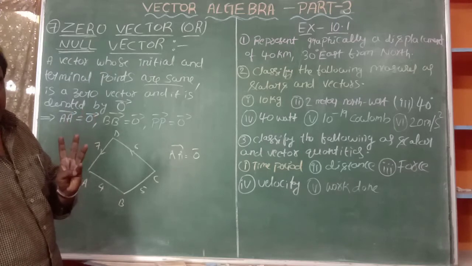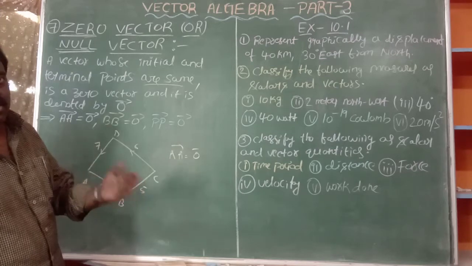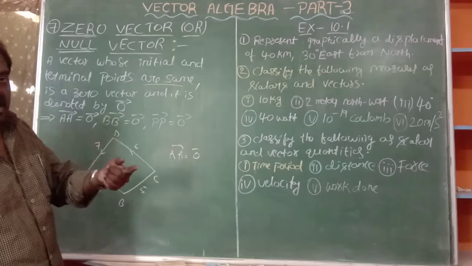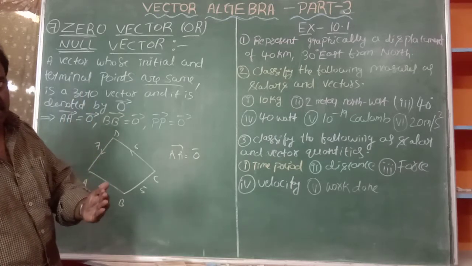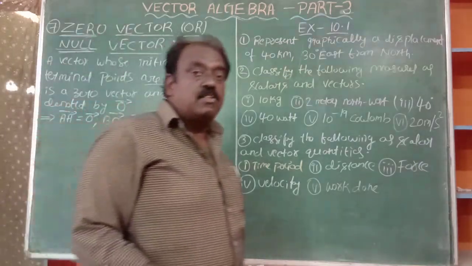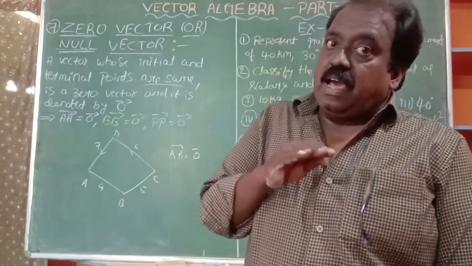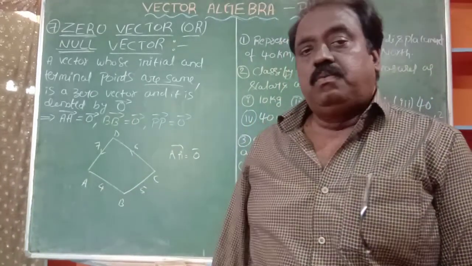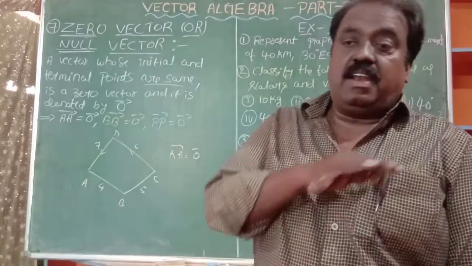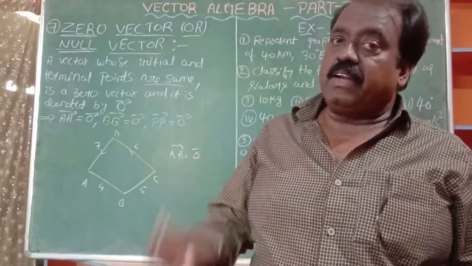Equal vectors means any 2 or more vectors are said to be equal vectors if their magnitudes and direction both are equal. AB bar, CD bar, PQ bar having the same length, that is equal vectors. And parallel vectors means 2 or more vectors are said to be parallel vectors if their lines of directions are parallel, whatever the magnitude may be.